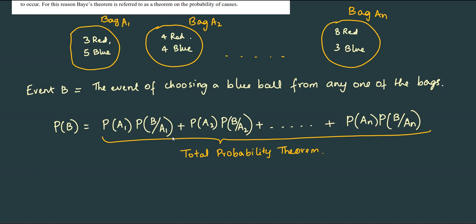Now, what is the inverse probability? Inverse probability means, let us say I choose a blue ball from any one of the bags and I hand the blue ball over to you. You do not know which bag I have chosen it from.